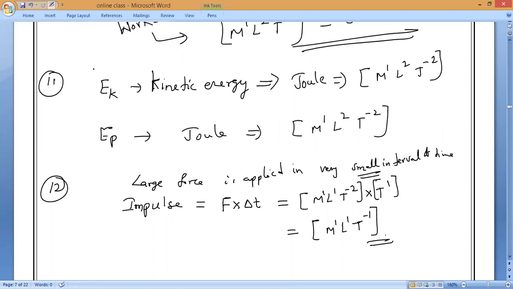Tomorrow's class maximum, we will finish these dimensions, and later we will go for finding the dimensions of given algebraic equations. That is the principle of homogeneity. Later only you will understand the things. Hardly tomorrow we are going to finish these dimensions, and then we will go to the applications of dimensions. So from there a real chapter will start.